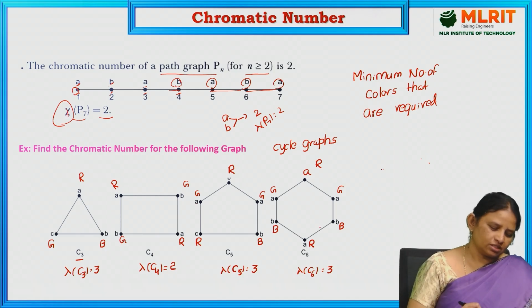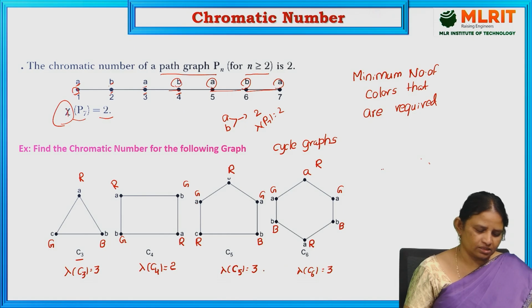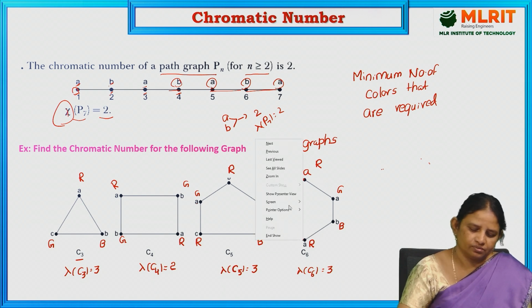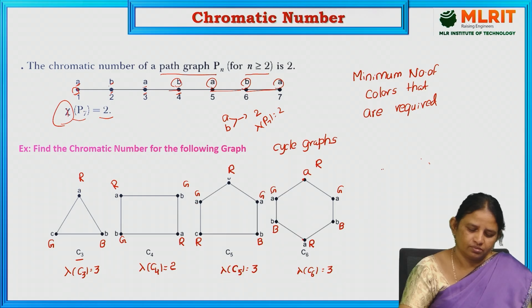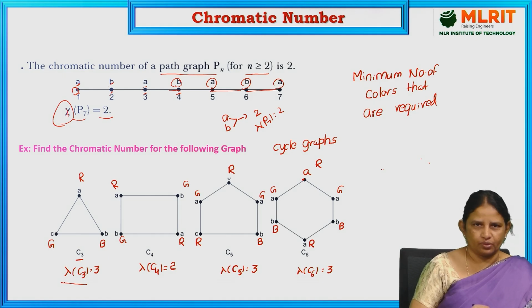Okay, so this is the chromatic number. For the first graph with 3 vertices, 3 colors are required to color the graph.